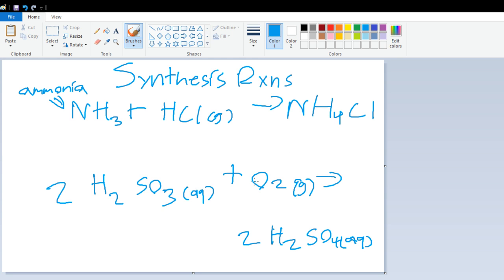These are the last 2 synthesis reactions you will have to memorize. That's all you're going to have to memorize off of this one sheet on decomposition and synthesis reactions.